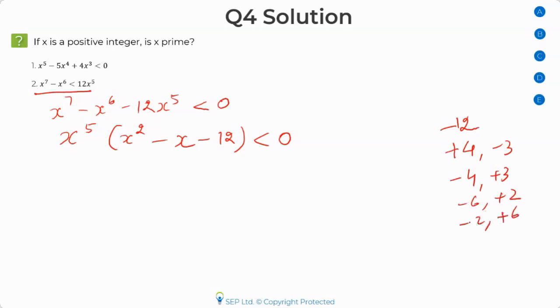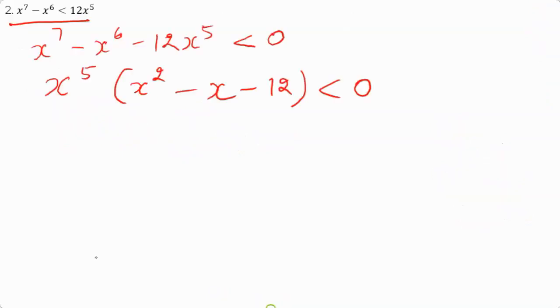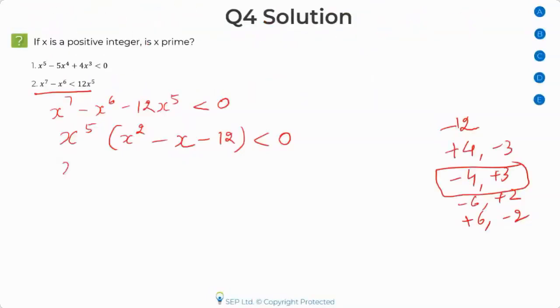But I'm looking at a number, the coefficient of x has to be minus 1, which is only possible when I take this factor. So I can write this as x to the power 5 multiplied by x minus 4 into x plus 3 less than 0.